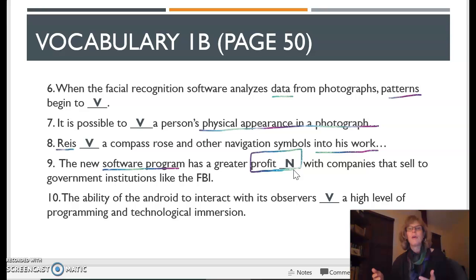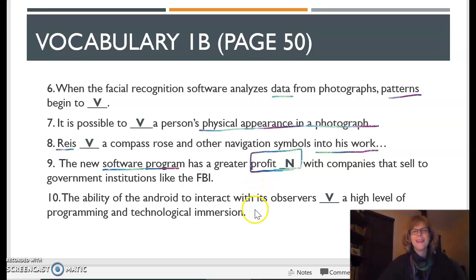The new software program has a greater profit margin with companies that sell to government institutions. It creates a bigger space of profit. We're going to see that word margin used with profit and then also with the word error, a margin of error. Also talking about the space you have to make adjustments if there's an error.